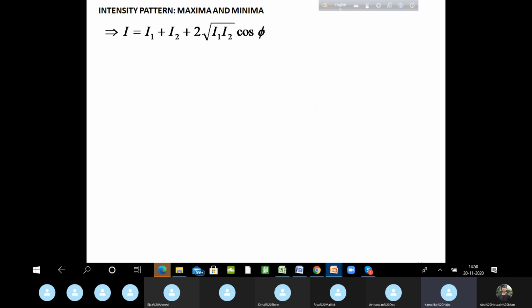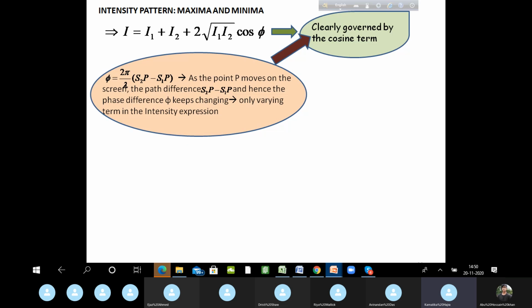So how do we get the maxima and minima? You can clearly see that the intensity is governed by the cosine term. Others are constants, so only phi will change according to the position of P on the screen. So the value of cos phi will change. Now the maximum of cos phi is plus 1, and the minimum is minus 1.